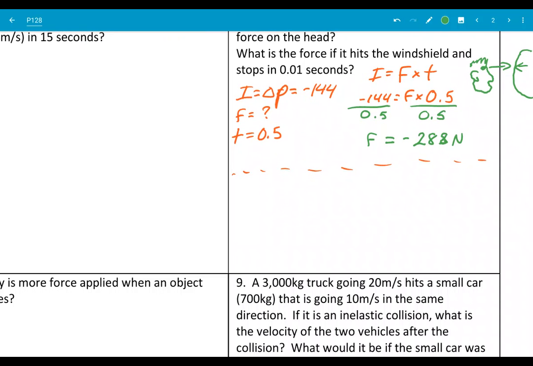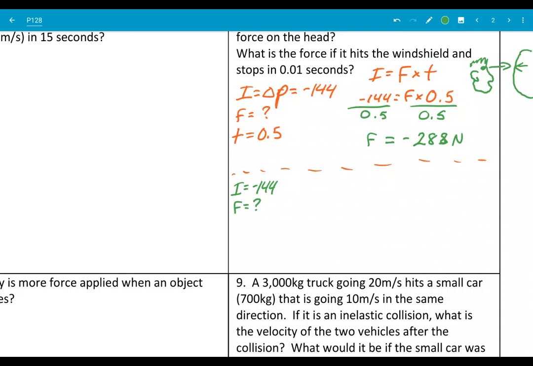All right, is that a big force? I don't know, but let's compare it to the next one. Okay, in the next one, we have the same impulse, because we have the same change of momentum. We have negative 144 for our impulse. The force is unknown.